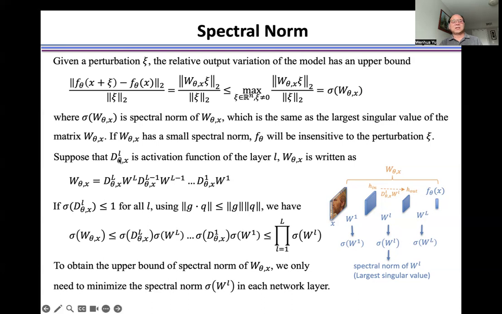Suppose that D is the activation function of the layer l. W is written as a product of D's and W's.